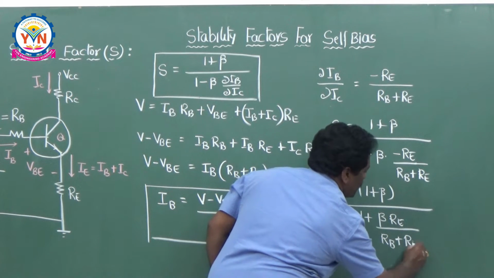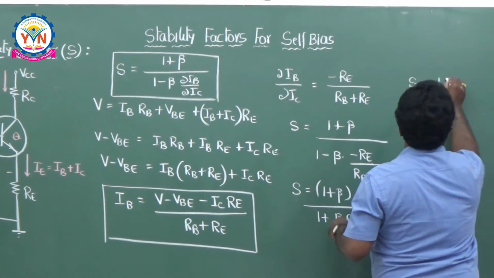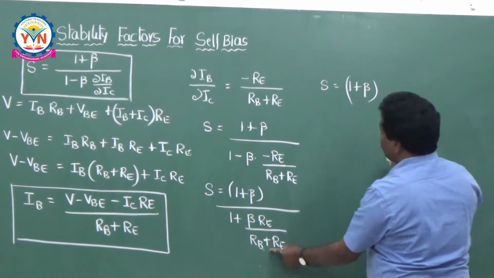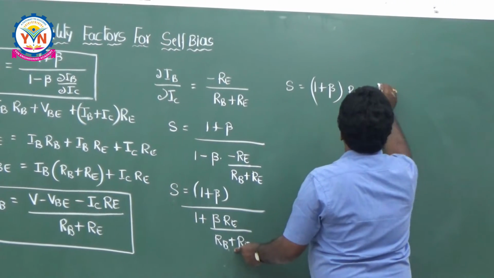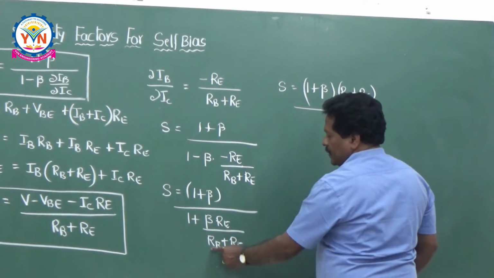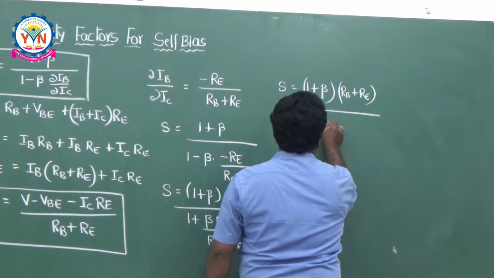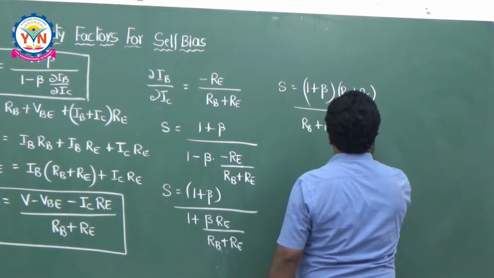Just substitute and simplify this. Therefore, S is equal to 1 plus beta, and you take RB plus RE to the upper side, divided by 1 plus, that means RB plus RE plus beta times RE.